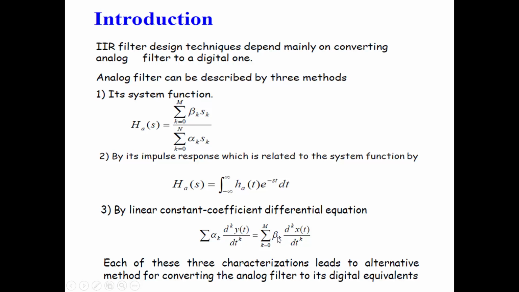This will be equal to the summation, k going from 0 to capital M, of beta k coefficients times the kth derivative of x(t). That's how we will see how we can use the techniques to transform the system functions in the S domain to the Z domain. Each of these three characterizations leads to an alternative method for converting the analog filter to its digital equivalent.